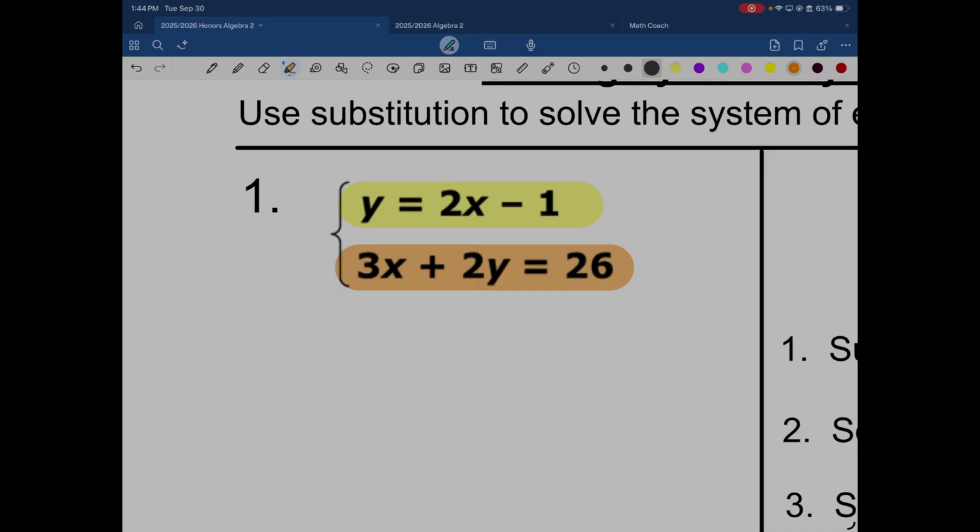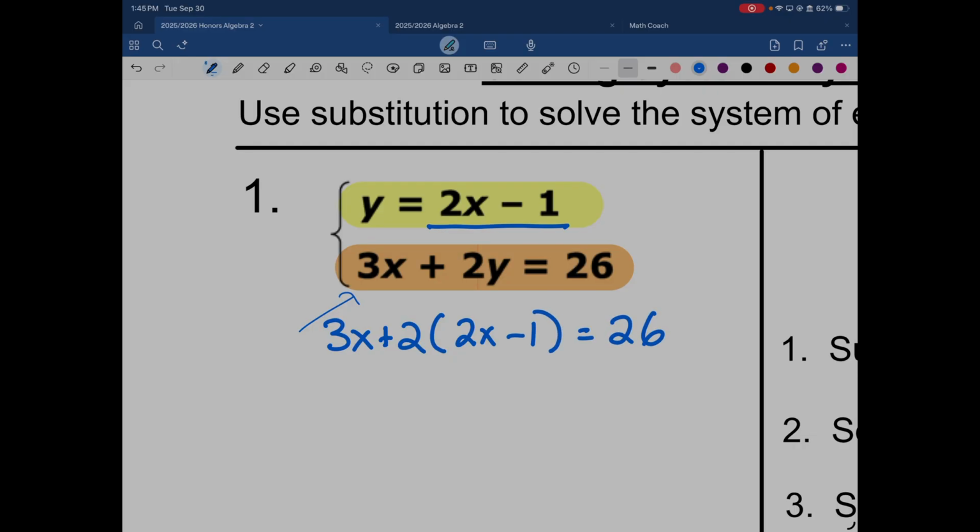In this case, y is equal to 2x minus 1. So I'm going to rewrite that equation as 3x plus 2, now I know what my y value is, so inside of parentheses, I'm going to substitute what I know y is equal to, which is 2x, or sorry, 2x minus 1. That then has to equal 26.